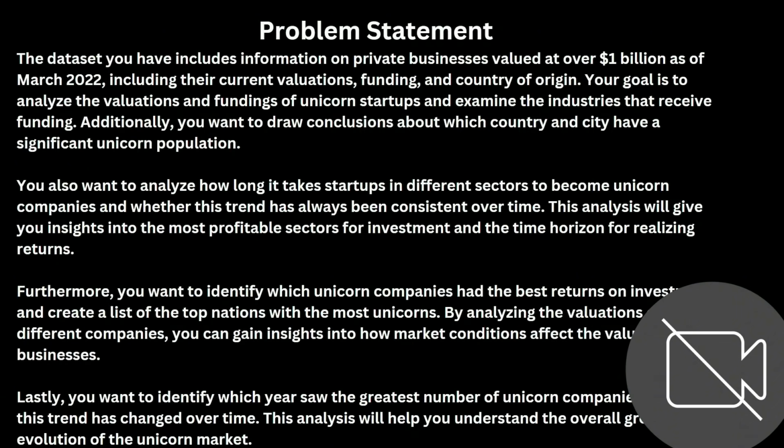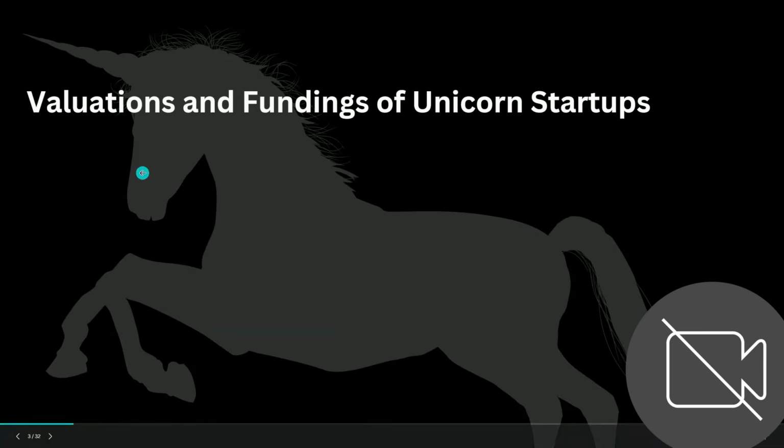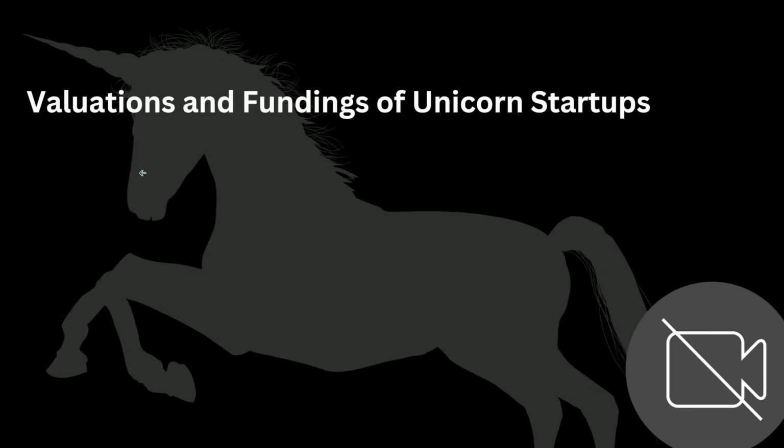Now we can discuss more about how we will approach our conclusion and how we will try to make visualizations. So first of all, the first thing that we need to think about is valuation and funding of unicorn startups.